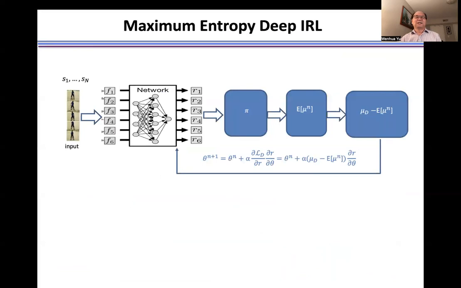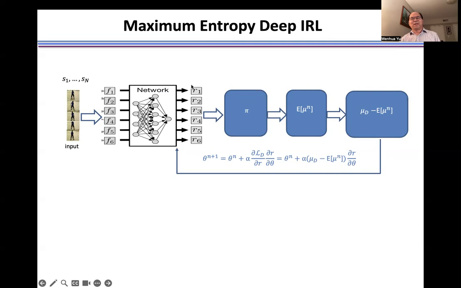And here, let's briefly see the idea of the maximum entropy deep inverse reinforcement learning method. Here we pick a trajectory, and the states distribution along the trajectory. We map these states to the feature vectors that are used as the input to the deep neural network.